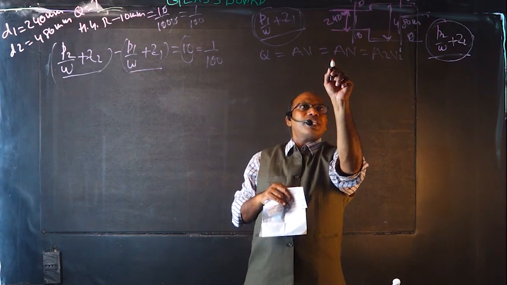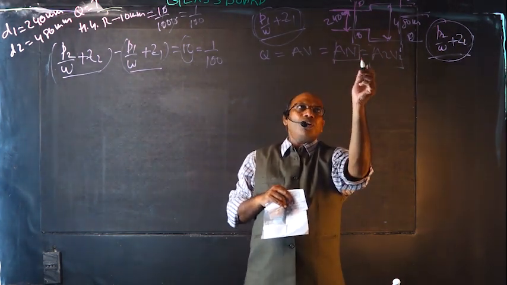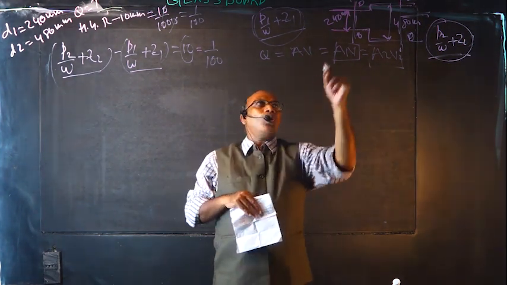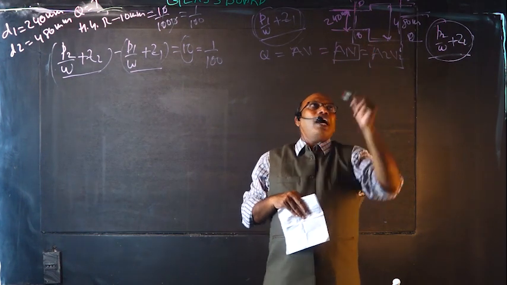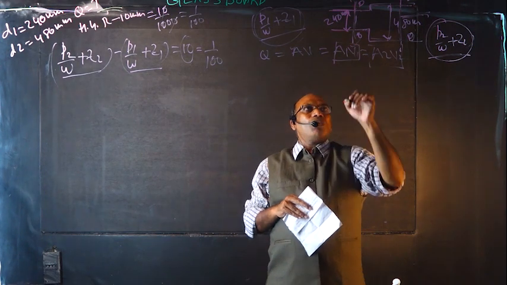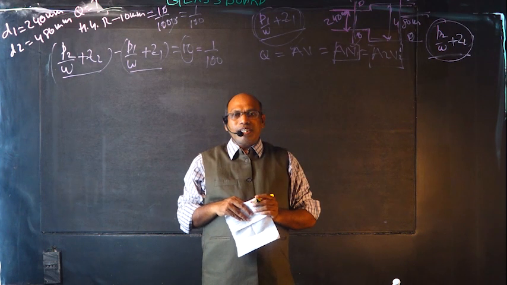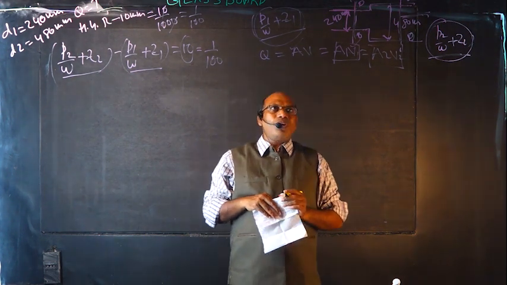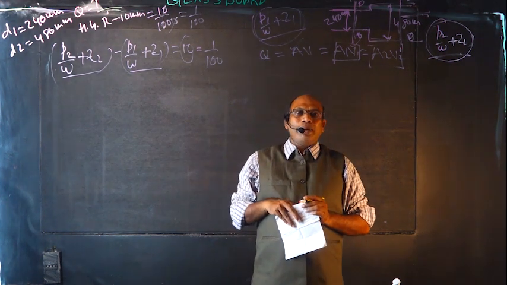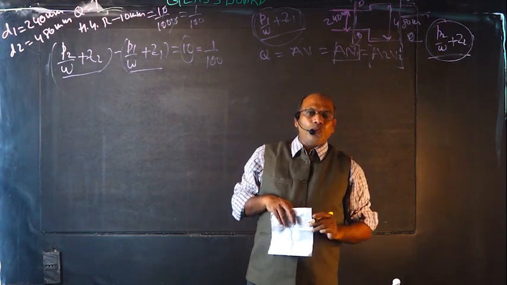We can use either A1 V1 or A2 V2. But in this case, they have only given the diameters at sections 1-1 and 2-2, but we don't know the velocities. For that, first we determine the velocities at sections 1-1 and 2-2, so here we apply Bernoulli's equation.